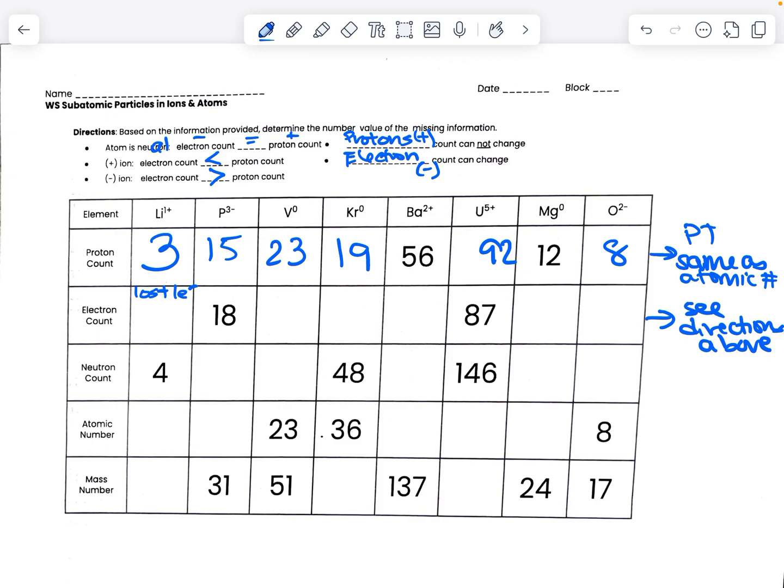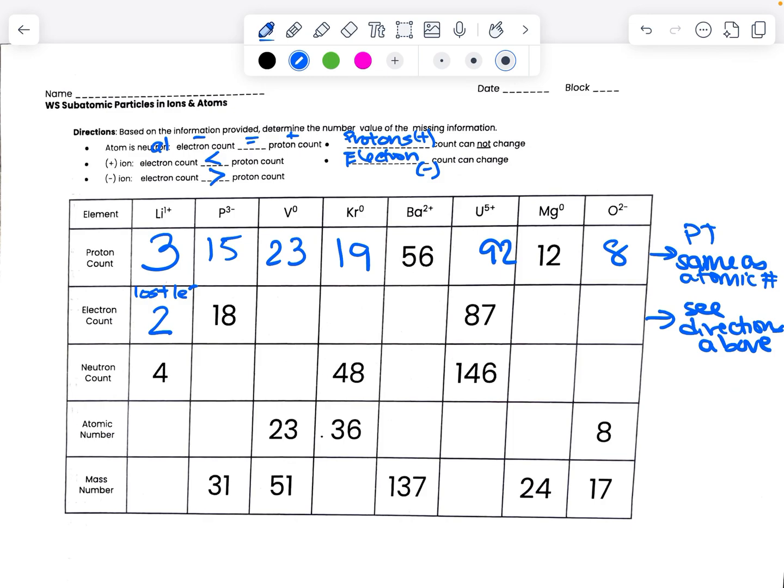But a +1 charge means we've lost an electron. Now we have 2. And the reason why that works is if we have 3 positives and 2 negatives, that means we are overall +1, which is exactly what happened here.